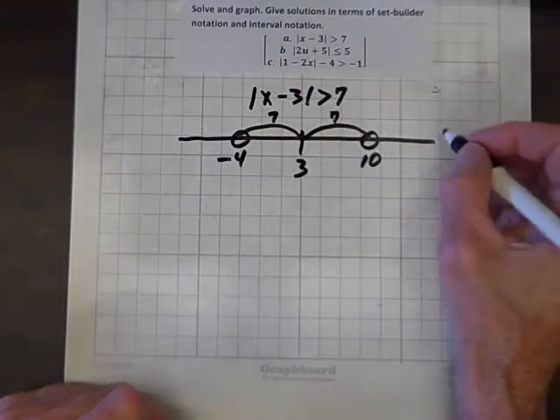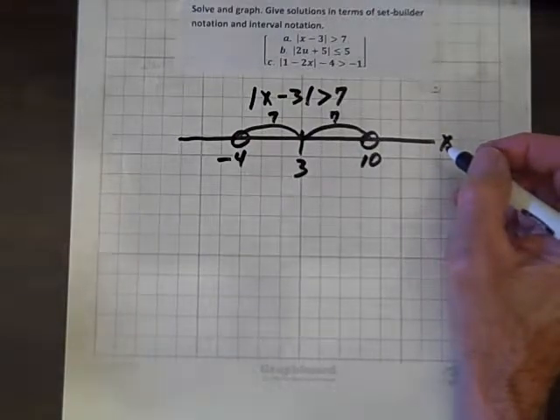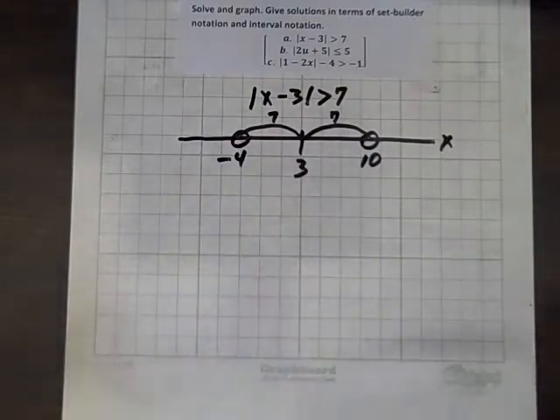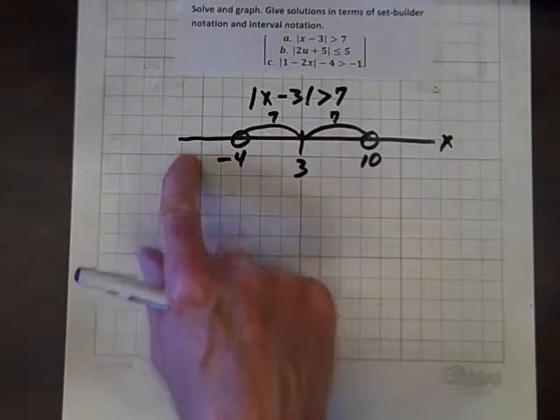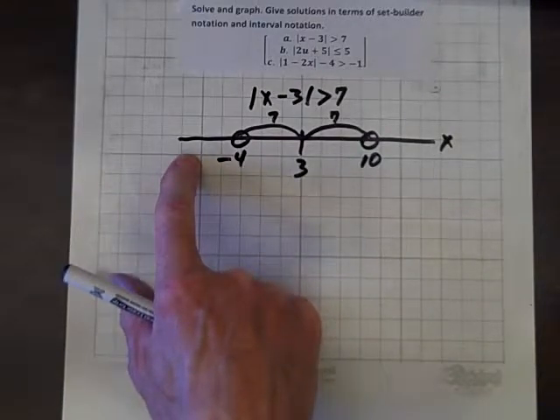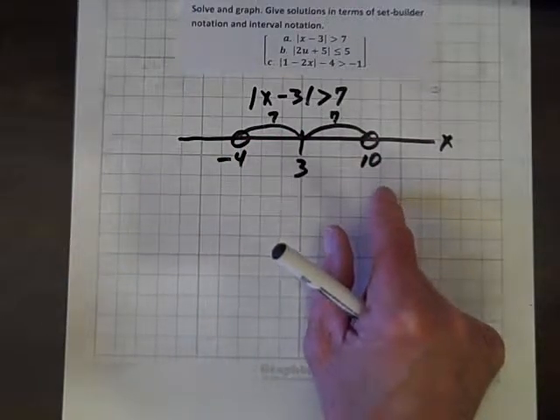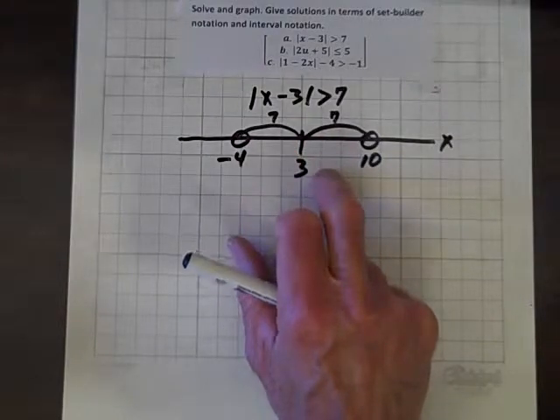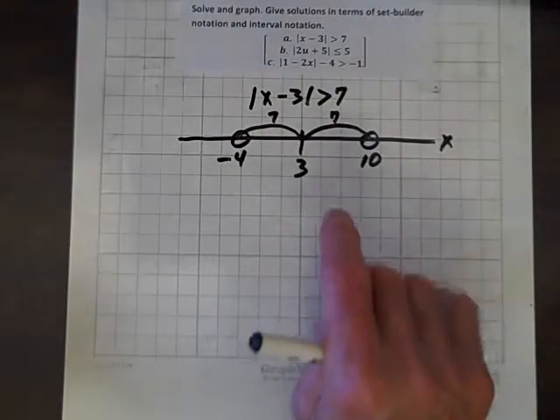Now, next issue. Where do we shade? Well, here is the story. If one point in an interval satisfies an inequality, then every point in that interval satisfies the inequality. If one point in an interval fails to satisfy an inequality, then every point in that interval will fail.